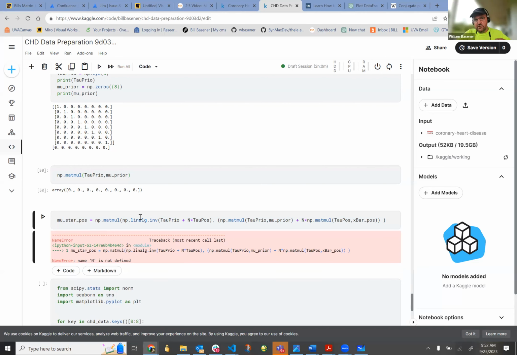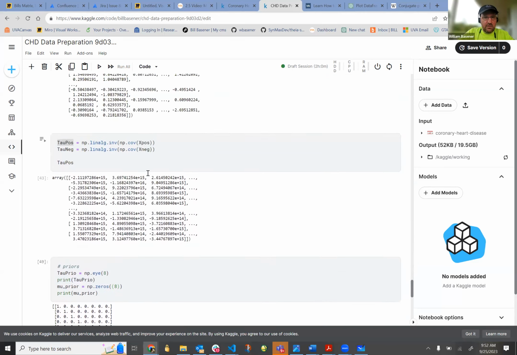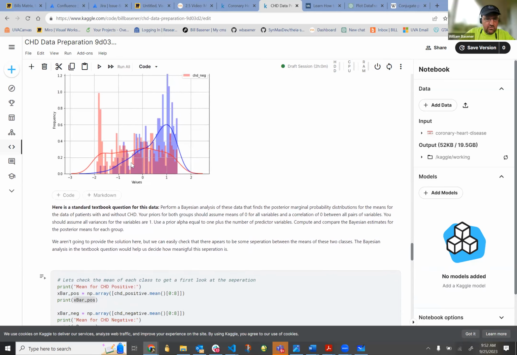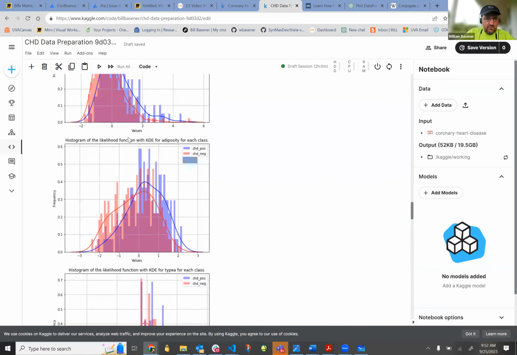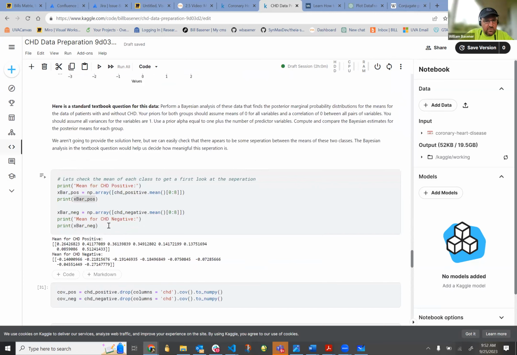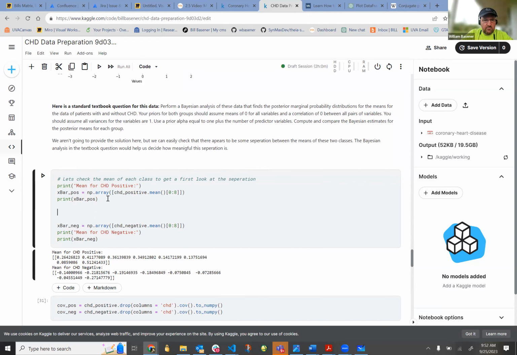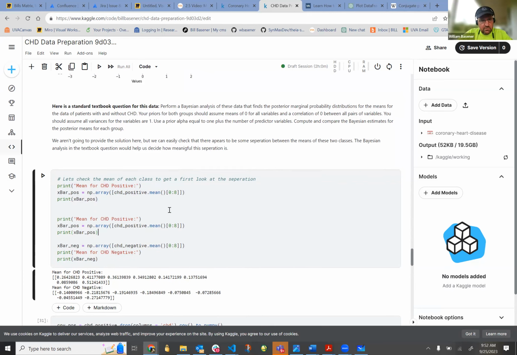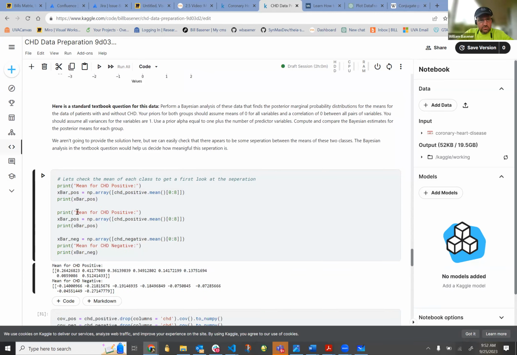Oh, n is not defined. So where are we going to compute n? n is the number of observations. So let's compute this back here: the observations for CHD positive, and let's call that n subscript positive.